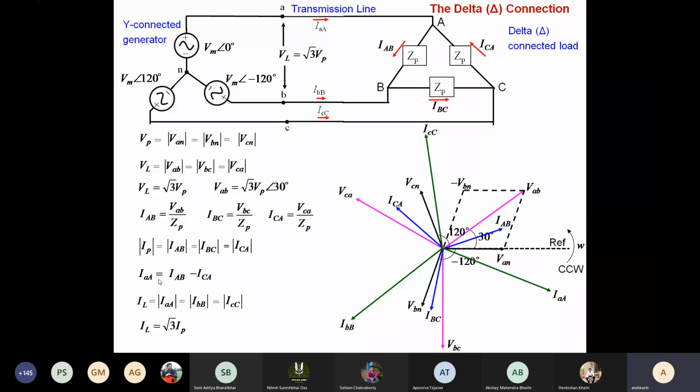Any question on this? Sir, I have one question. Like in the previous star connected load, we were adding the impedances of the transmission line directly to the load impedances. So what will we do here if the transmission line has some impedance? You tell what to do.